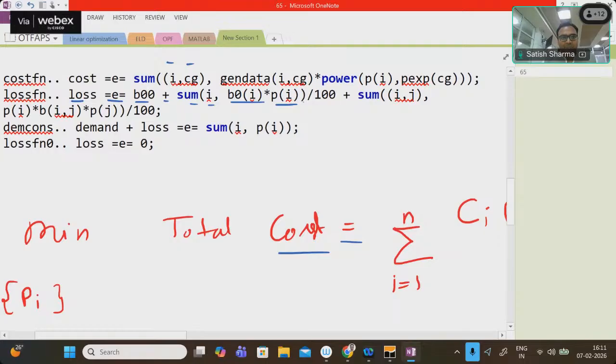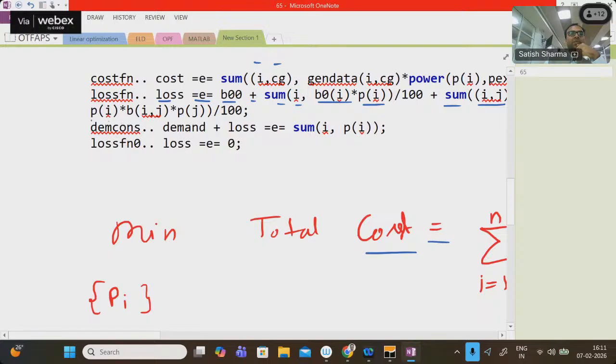Very simple. Okay. Then summation over Ij of Pi Bij Pj.